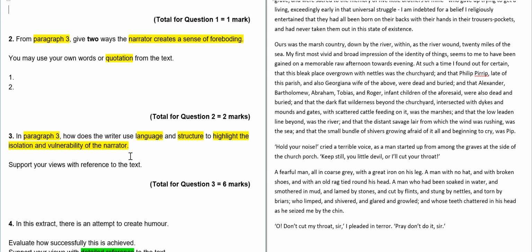And then when we go to the structural side of things, you are more thinking about sentences. So it could be that you can see that there are simple sentences. Do these stand out for a reason? Are they related to the question focus?